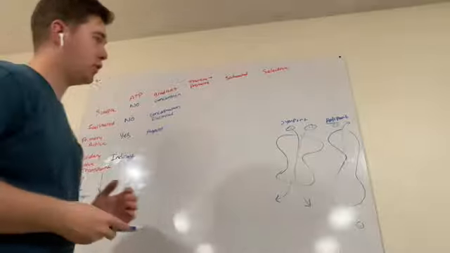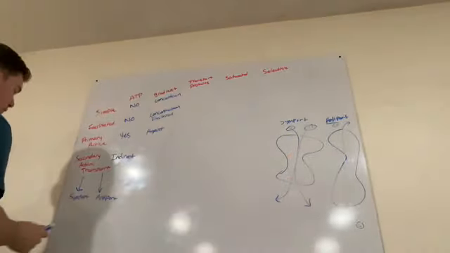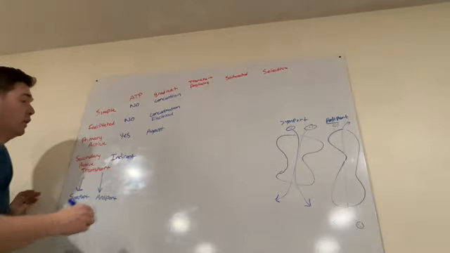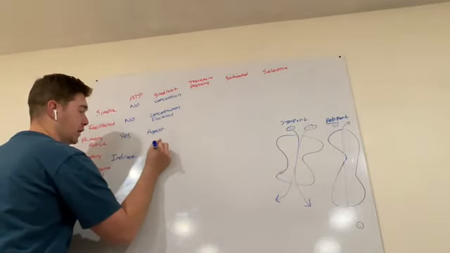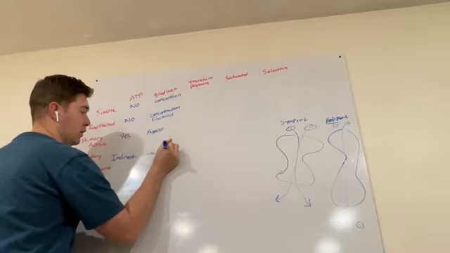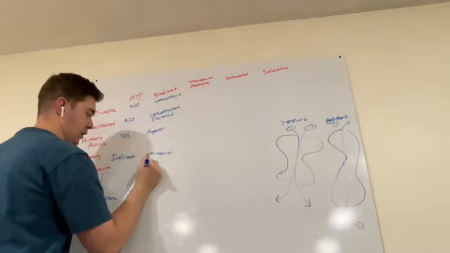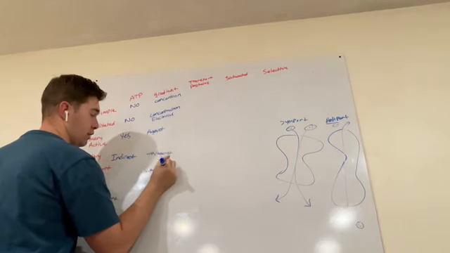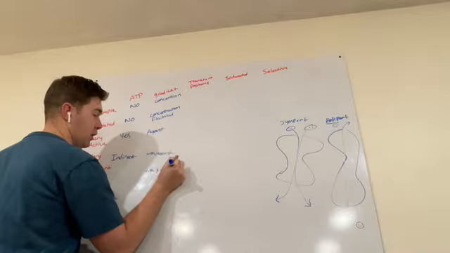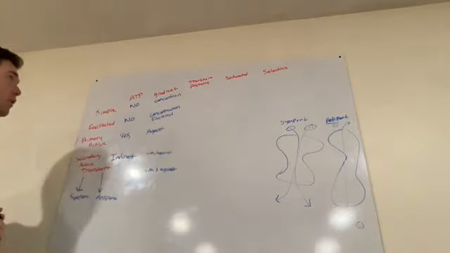The idea is using the energy from one to propel the other one. And so in symport, it can go with or against, and antiport will always be with and against, because against, I can spell, that makes that easier.